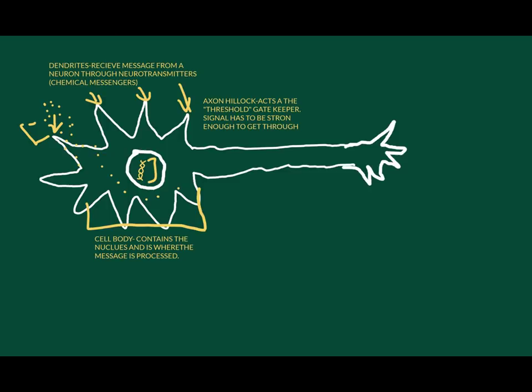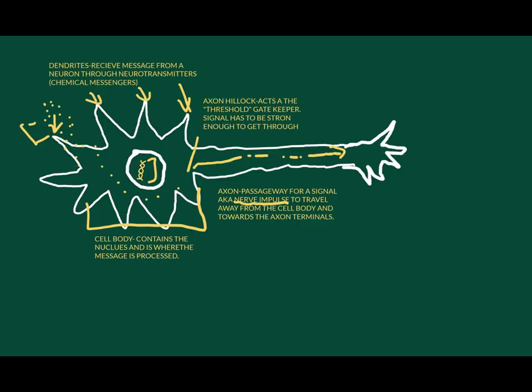And so that message is going to then make its way all the way down the axon. So the axon basically is just a passageway that connects the cell body to the axon terminals. The signal that is carried by the axon is also known as an action potential, and for the purposes of the nervous system and as we go through the senses next semester, we're going to refer to these signals as a nerve impulse.